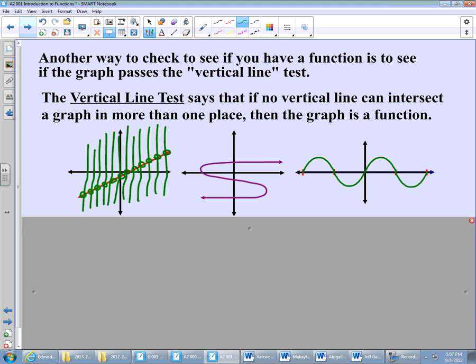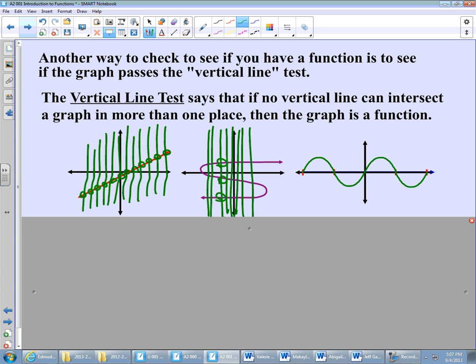The one in the center, okay, same thing. We're going to draw a whole bunch of vertical lines. But you don't even need a whole bunch, because if any line hits the graph more than once, that means we have one x value that has more than one y value, and that's a no-no. So the one in the middle, going to be not a function.